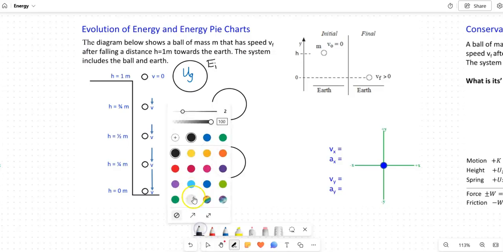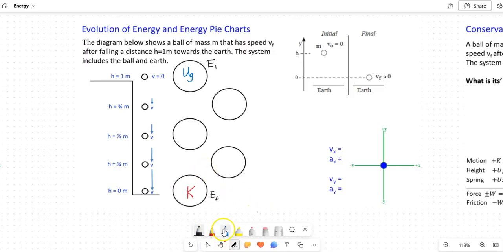okay? Now, halfway up, it's going to be half potential energy due to gravity and half kinetic energy, okay?